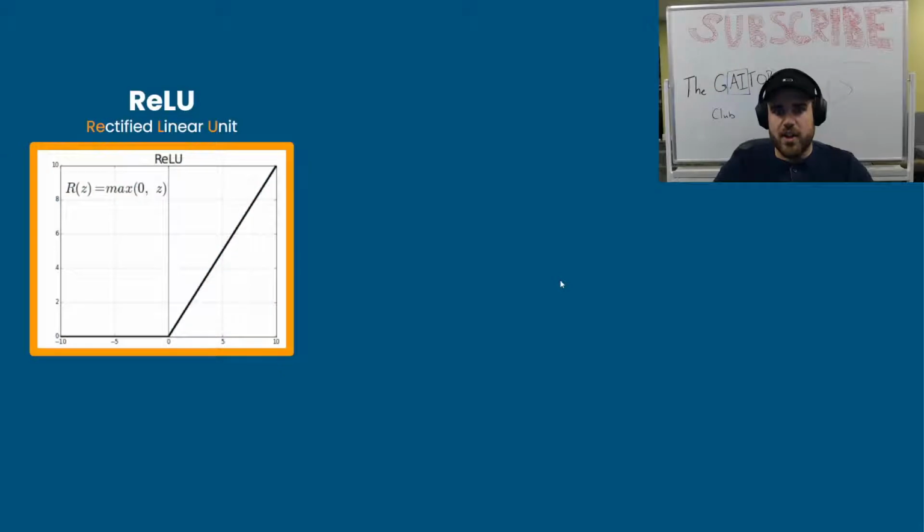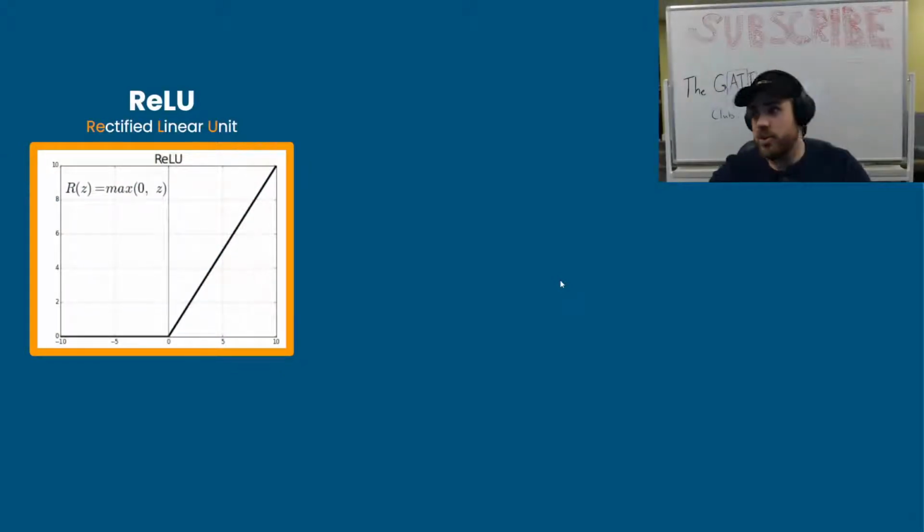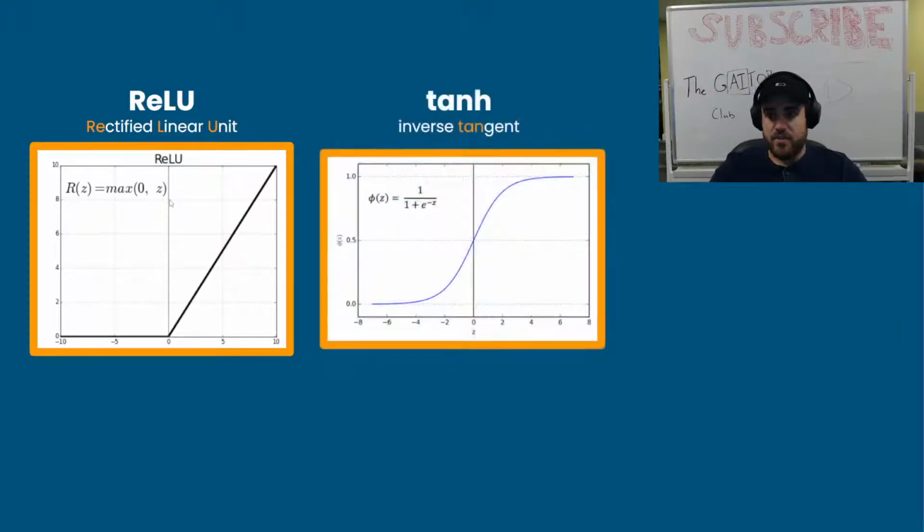But you could also have rectified linear units, or a ReLU, which we will actually use, where it basically just determines a max between 0 and some number, and it gives you that max. So if you're trying to categorize something, you would probably use this. You have tangent.